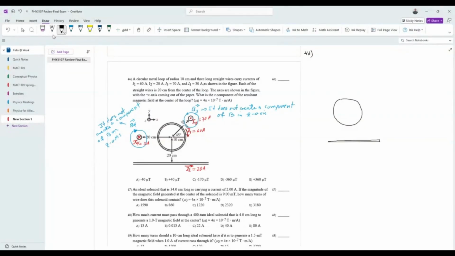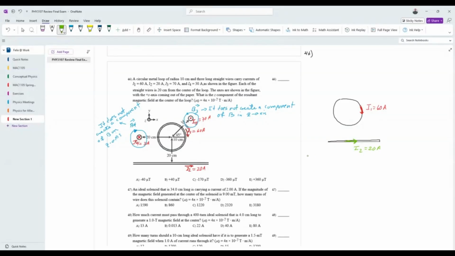So these are the two wires that can create a Z component of the magnetic field. In this one, we have a current I sub 1 equals 60 amperes. And then in this one, I will use a different color to differentiate also later, we have a current I sub 2 of 20 amperes.